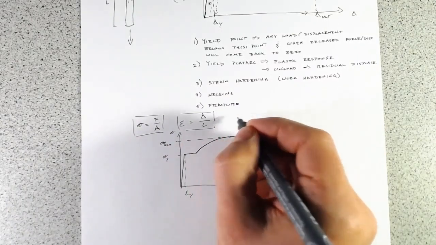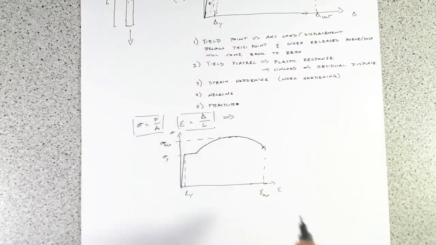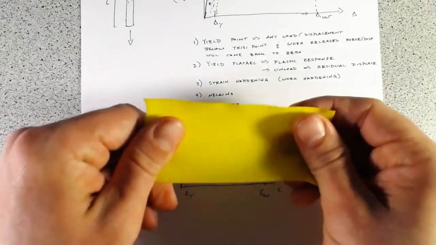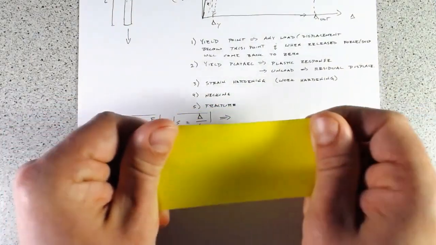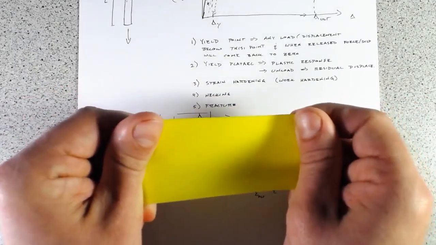And keep in mind that these relationships that we have here are what's called engineering stress and strain. And we'll explain that briefly, but I'll show you really quick. It's mostly because of what's called Poisson's ratio. As I stretch this, not only does it get longer, but it also gets skinnier.